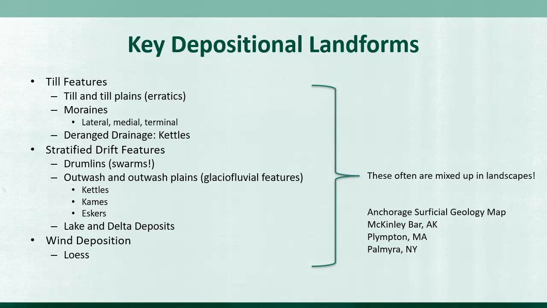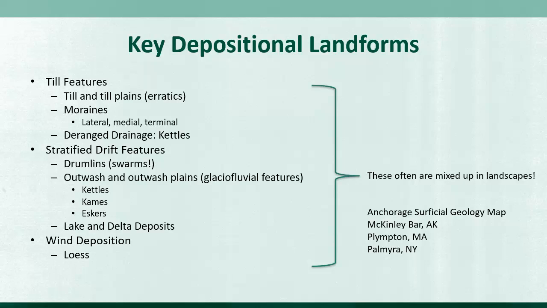When we find drift features, those features tend to be much more organized. Oftentimes they're outwash plains, which is essentially the braided river that came out in front of a glacier when it sat in one location for a while, that often forms a relatively flat surface.